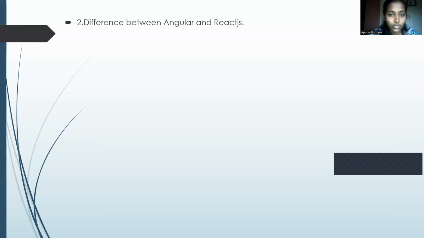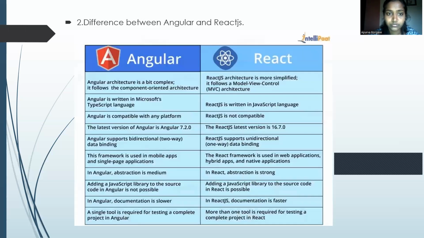The Angular framework is used in mobile applications and single page applications, while the React.js framework is used in web applications, hybrid apps, and native applications. These are some differences which I explained.